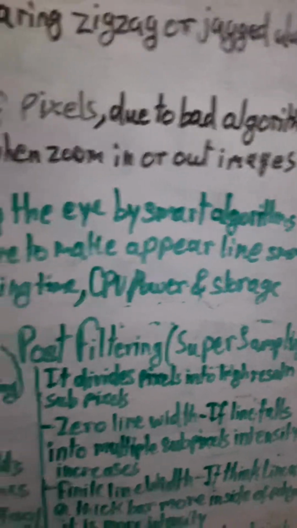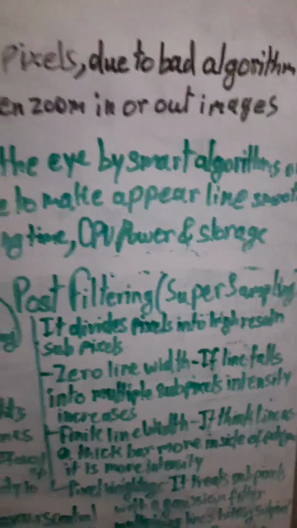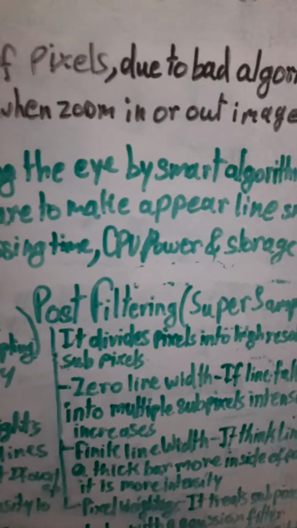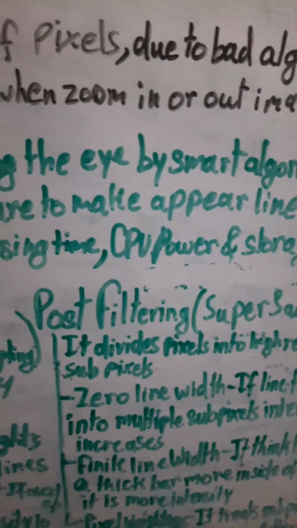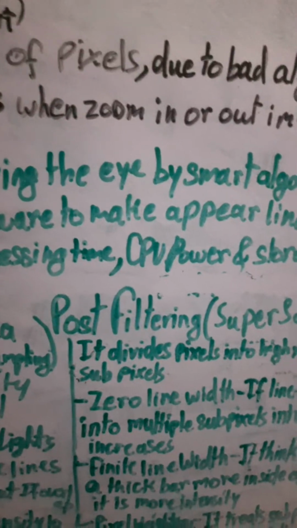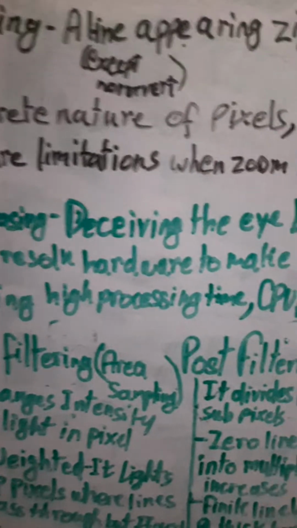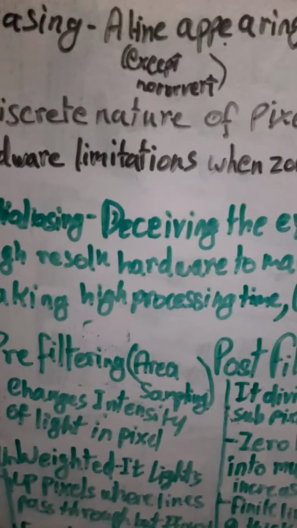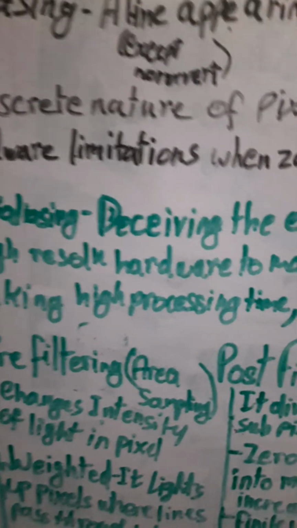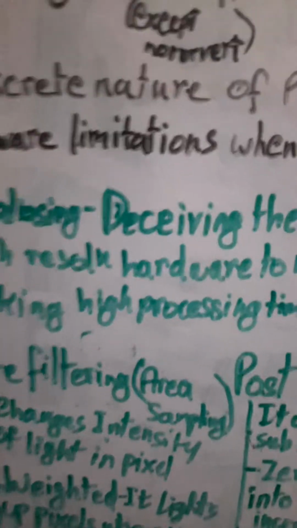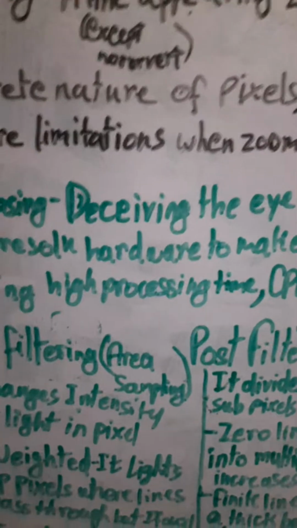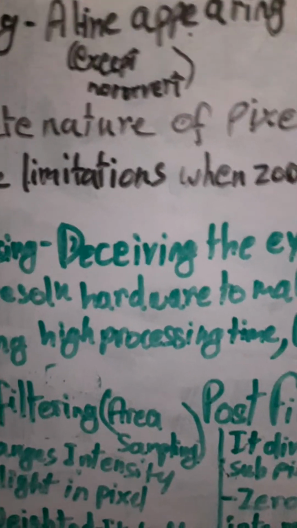When you zoom in or zoom out, if you scale the image, the pixels would break because of the discrete nature of pixels. Pixels aren't continuous objects; they're elements of an image.